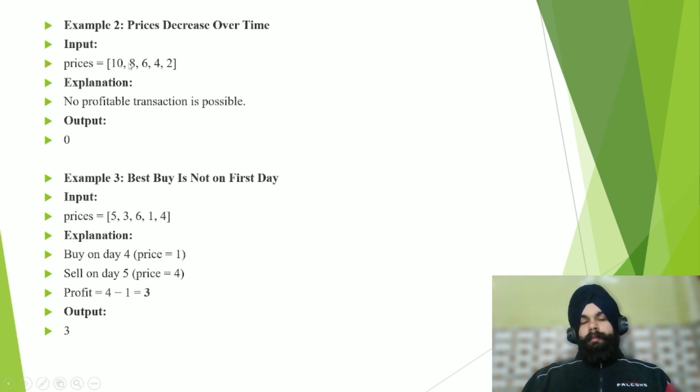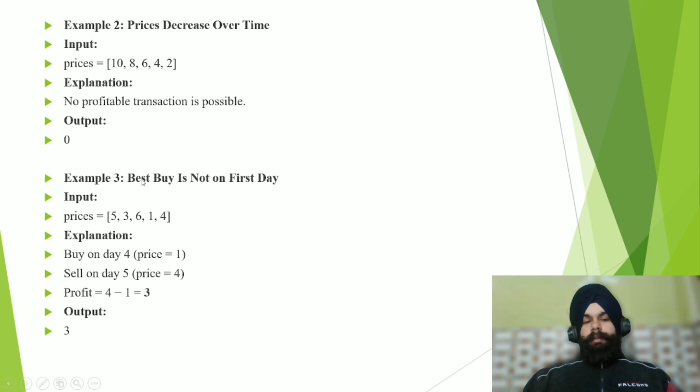Let's suppose we have the maximum price on day 1 and the minimum price, which is 2, on day 5. We can't calculate a negative profit, so its output will be 0.